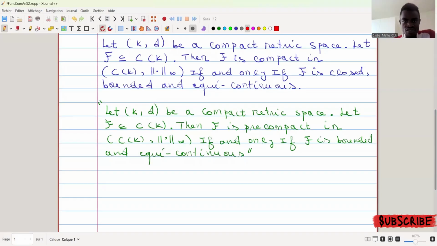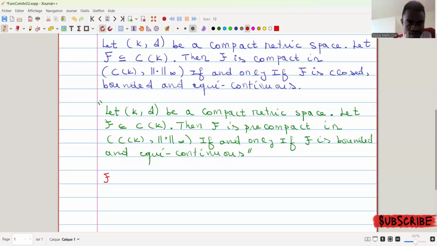But the theorem is up here, just the four lines. You can decide to choose what is written in blue or what is written in green. This one is not necessary, it's just a comment.